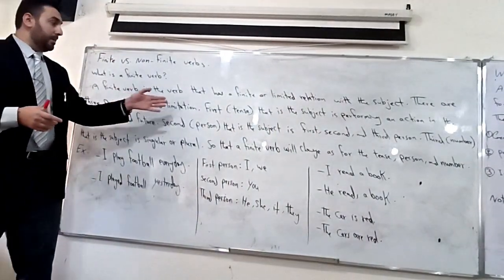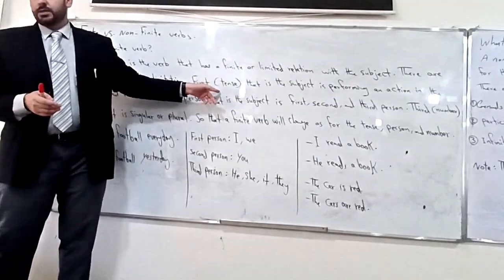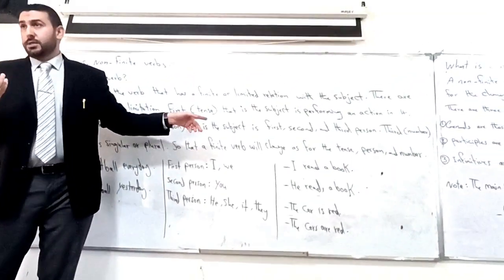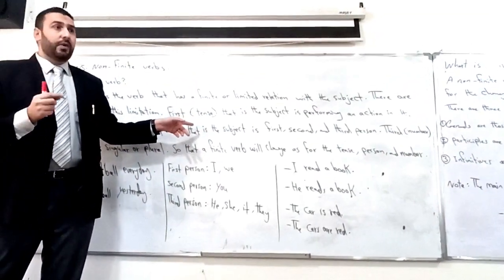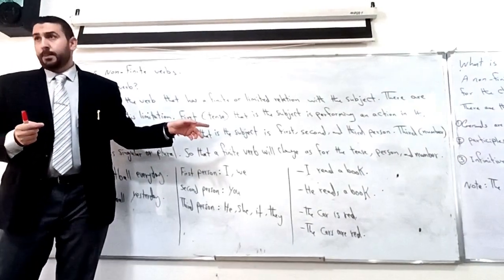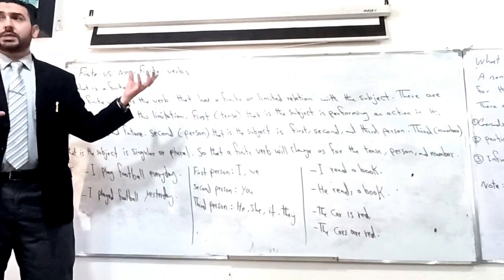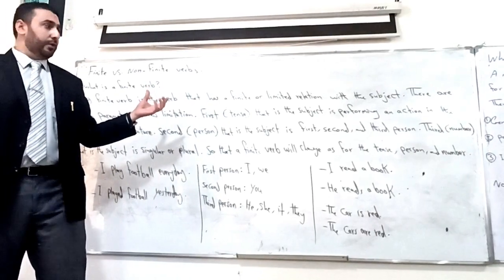The first parameter we have is the tense. So they limit the tense. We can identify the tense of the sentence through what? Through this kind of verb, through the finite verb.